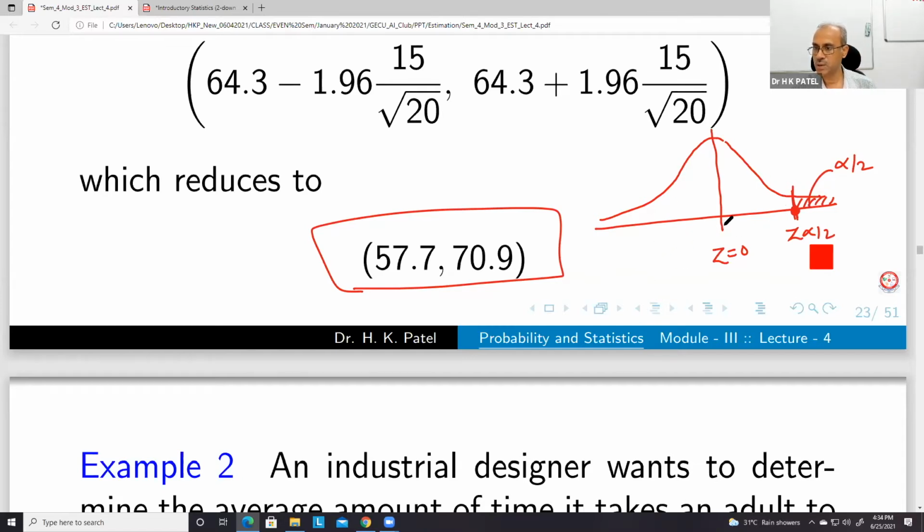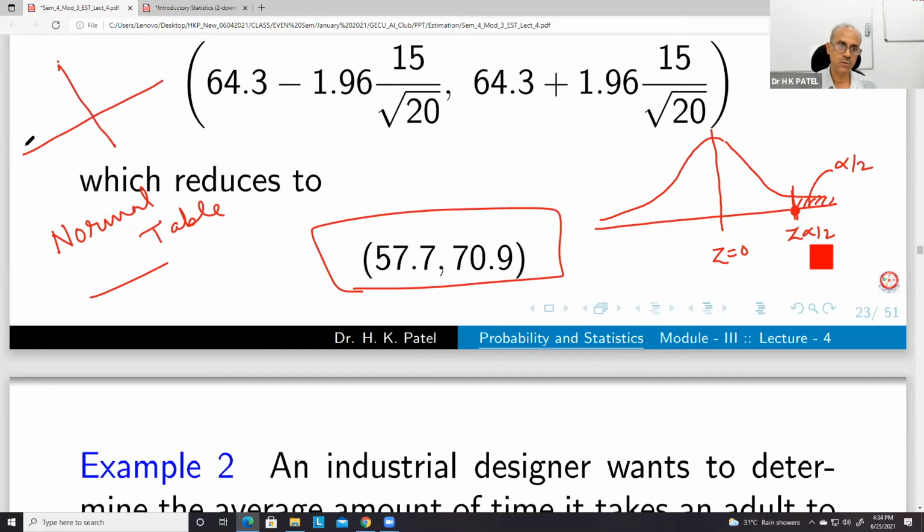Now we are using the normal curve, and therefore we can use the normal table. Okay. So this area is alpha by 2, and if you see the normal table, what it gives is this area. There are two types of normal table.